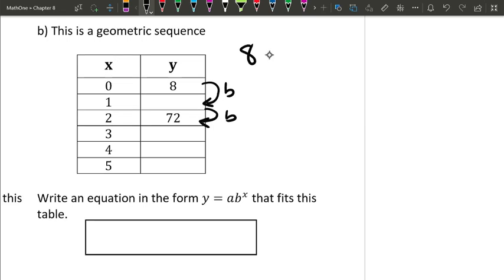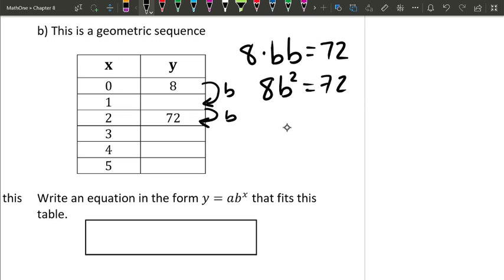So 8 times 2 factors of B is going to give me 72, or I could say 8B squared is 72. If I divide both sides of that by 8, I get 72 divided by 8, and 9 times 8 is the 72. So I get that B squared is 9. And of course I know that B has to be 3.